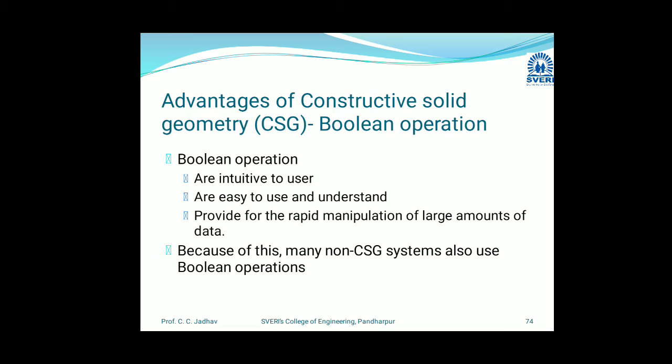We can just add and subtract the models with each other, and we create new objects. It is very easy. Because of this, many non-CSG systems also use Boolean operations for creating geometries.